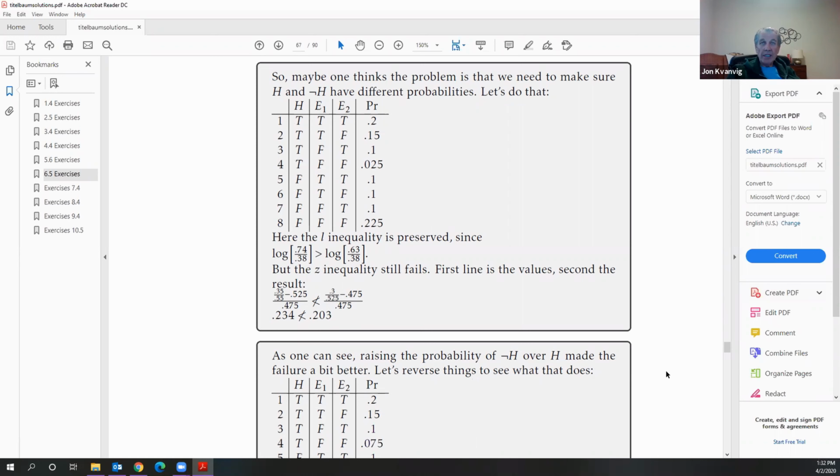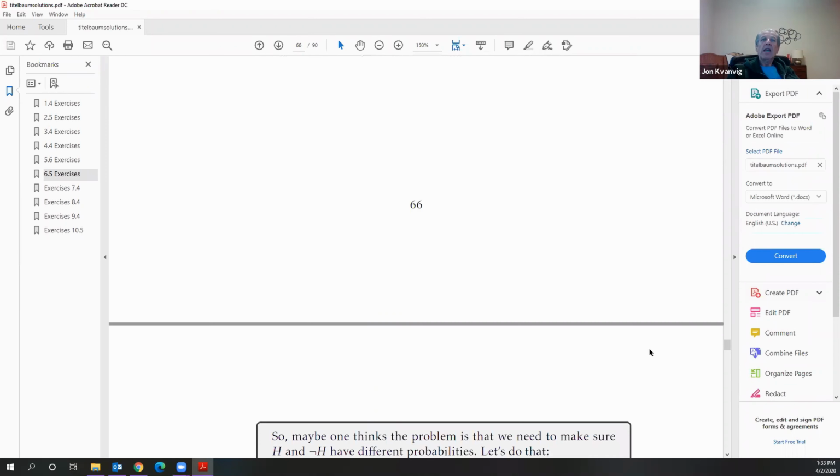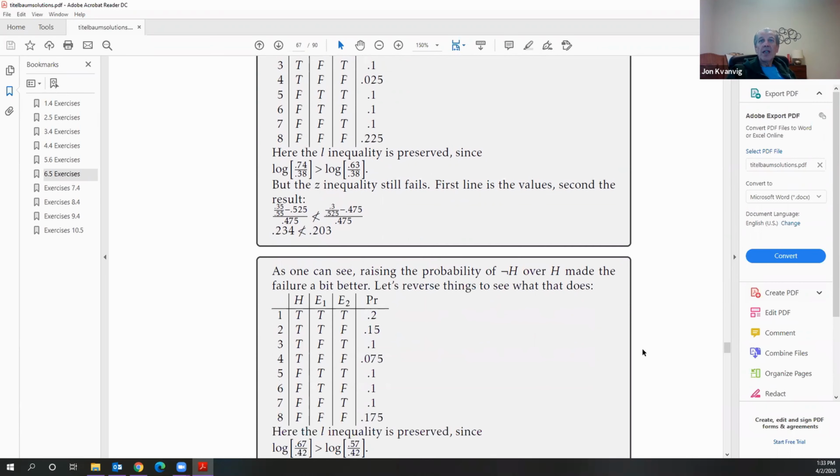Let's reverse things to see what happens then. So notice what I did. The difference between the first table and the second table is that I gave more weight to not H than H, whereas in the first table, I gave them equal weights.